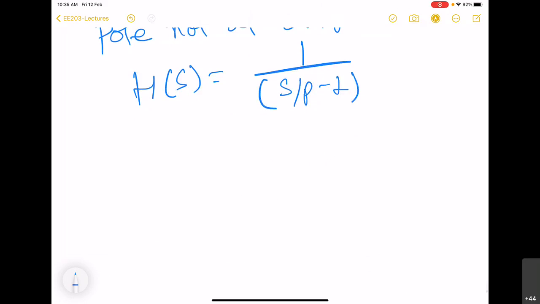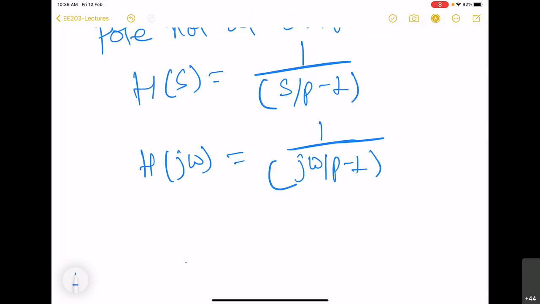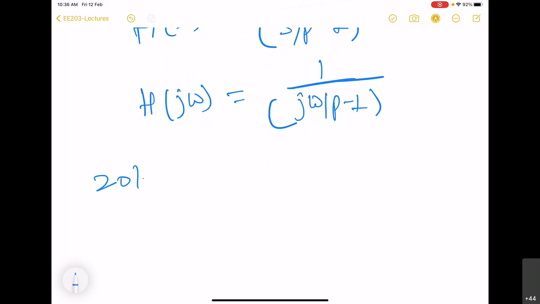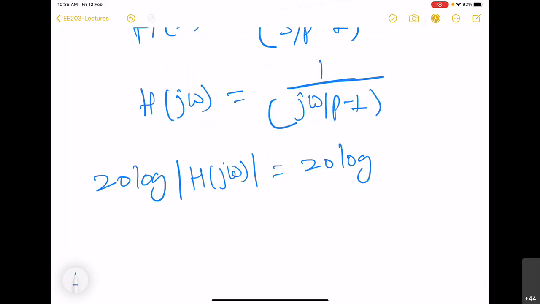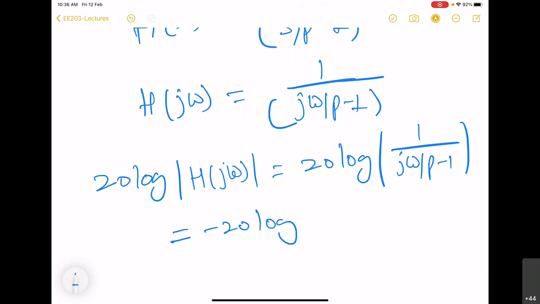So we first go to the frequency domain, then we go to the log domain, and here we get minus 20 log of this one.